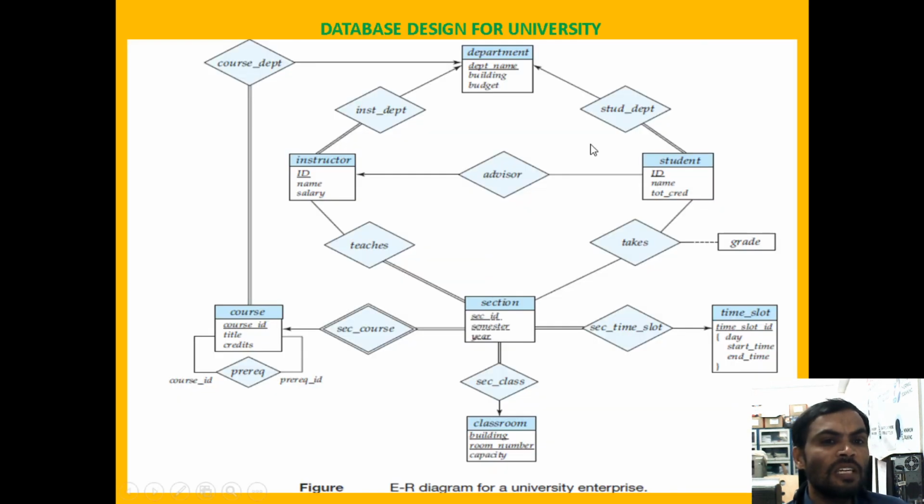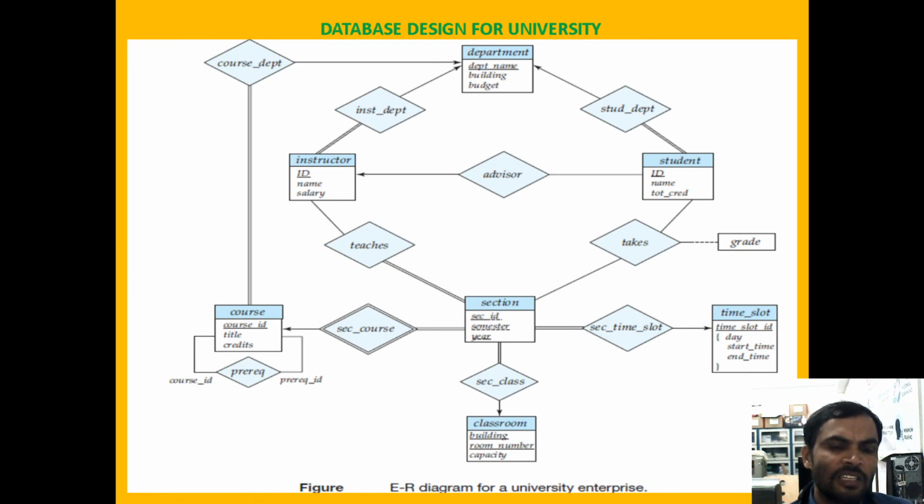Now if you want to see the diagram for database design, see here, this is a department table. Department is a table. Now between the department table and the instructor or faculty, an entity is represented in the format of a rectangle shape.